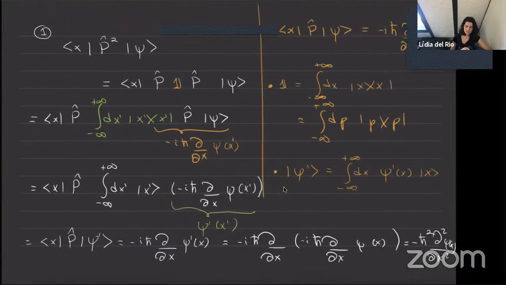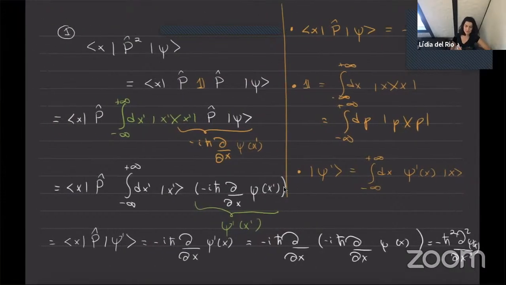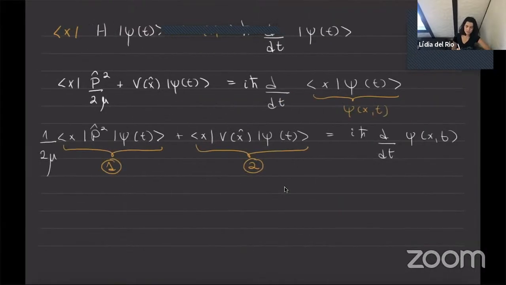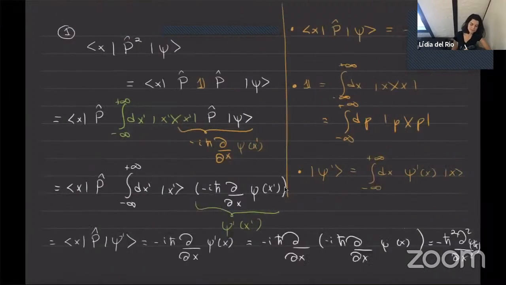Okay, let's do the second part. So this was part 1, and now we need to deal with this element here, and then we'll come back here. This one is very simple because we just have x, v of x, psi.